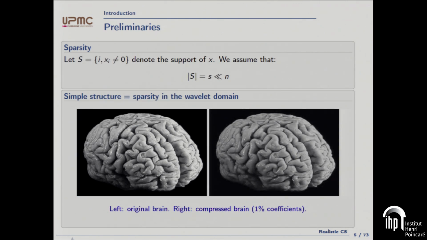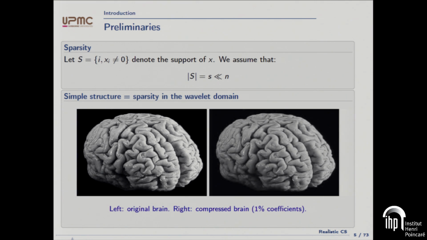Of course you all know about sparsity now. Let's say that we have a support of my signal. My support is big S, my signal is x, and x is sparse if it has at most S non-zero coefficients, and of course S will be less than N, the ambient dimension of the space where my signal is living.